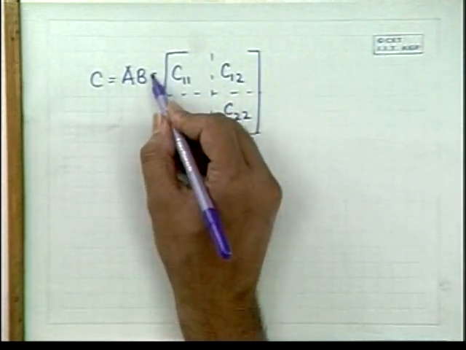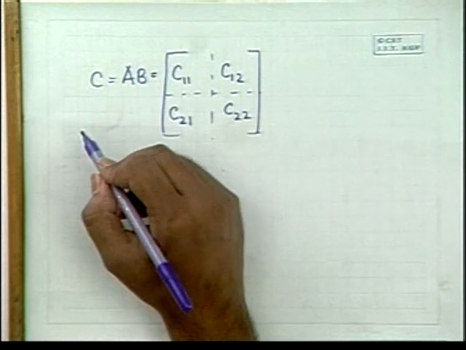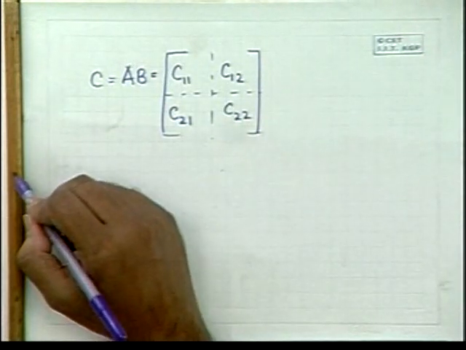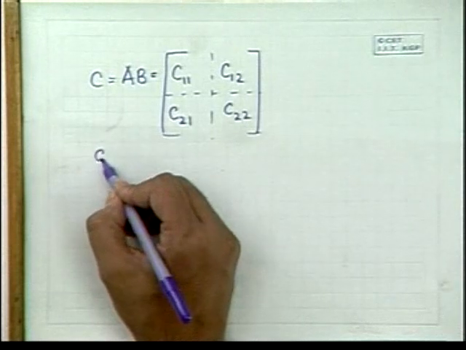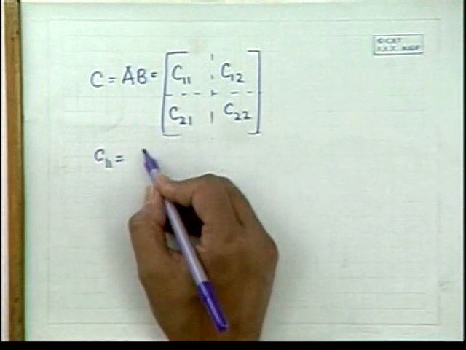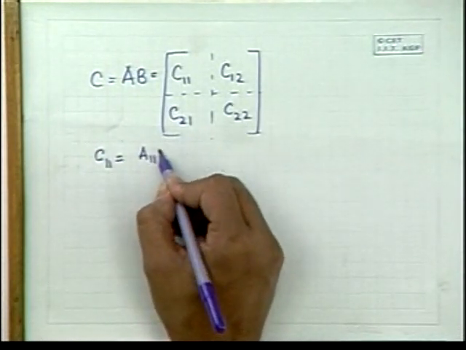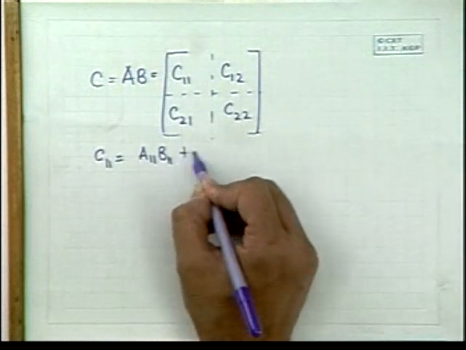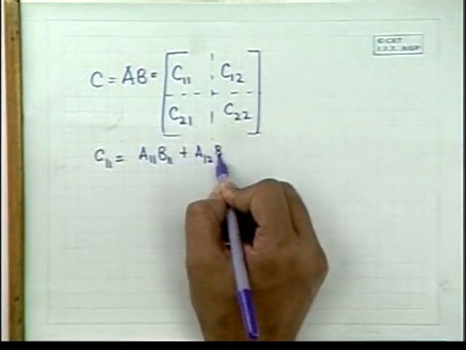Now applying the usual rule for matrix multiplication, one can see that C11 is basically A11 B11 plus A12 B21.